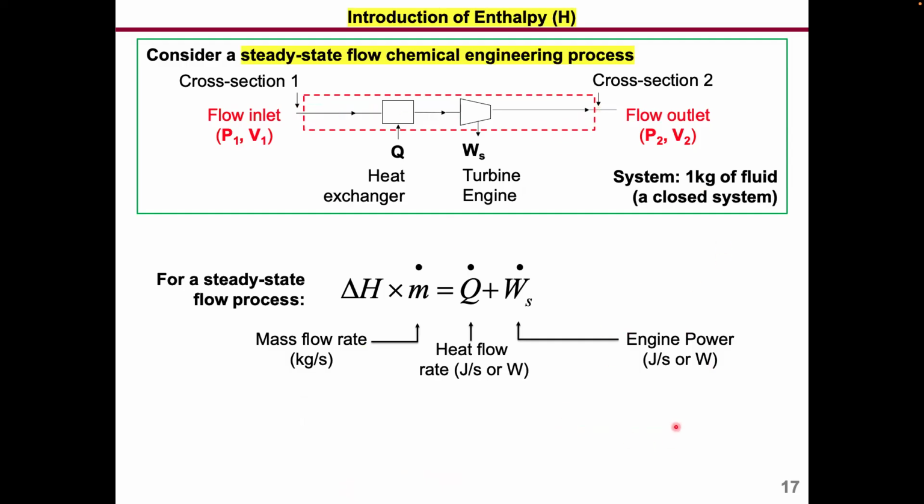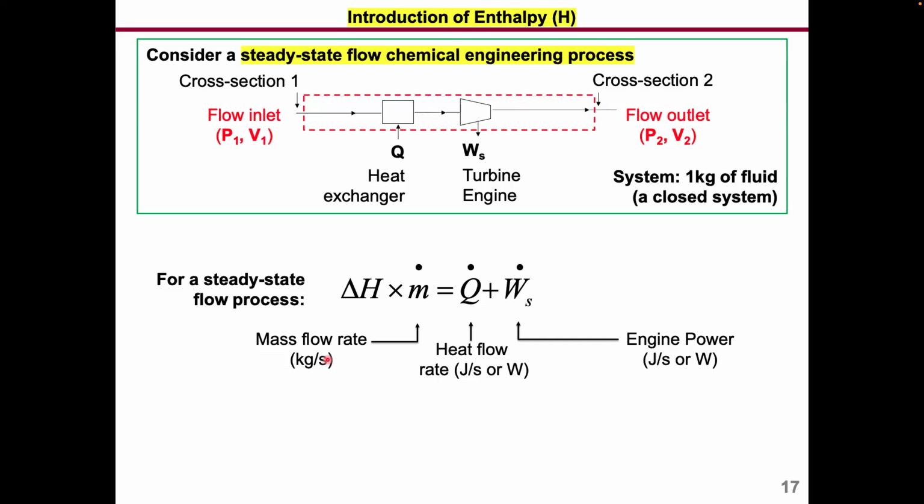Now, we have already studied the change between section 1 and section 2. Like I mentioned, we are running these chemical engineering processes at a steady state. So when we are talking about a steady state flow process, instead of picking 1 kilogram as your system, this 1 kilogram is actually a flow rate, kilogram per second.